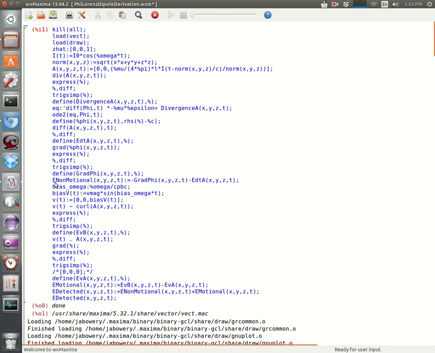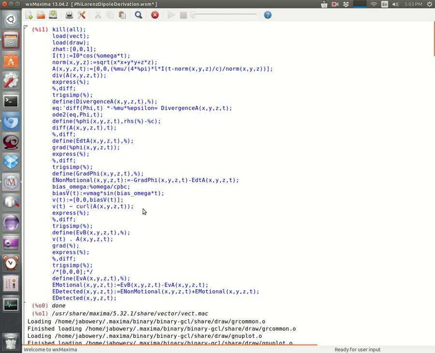These two terms together, partial A partial t and grad phi, form the portion of the E field that is called non-motional. In other words, there are no moving detector charges that are used to detect this. You can have a static detector charge that's not moving.